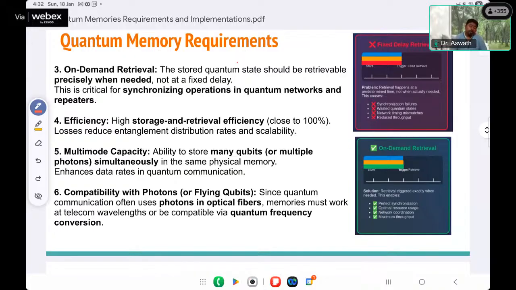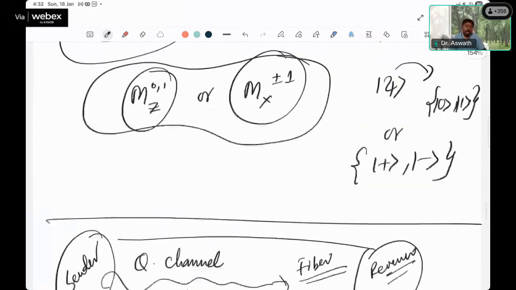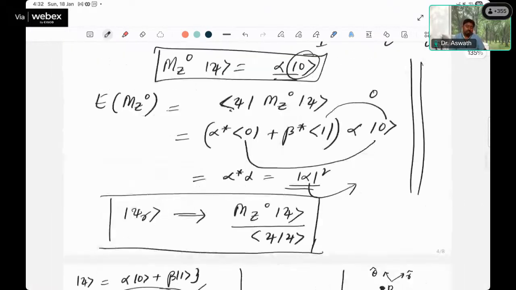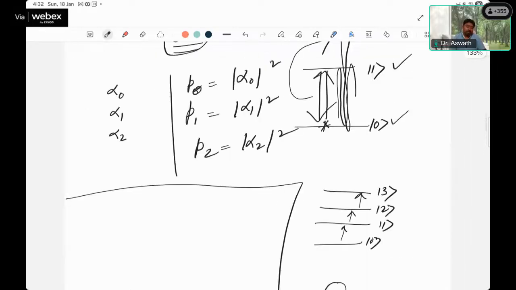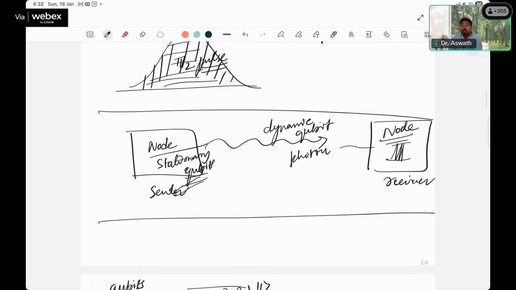So that is also one of the main requirements in the case of quantum memory. Then compatibility with photons. Like I said earlier, stationary qubits are, let's say, atoms or electrons, and flying qubits are photons. Somewhere I mentioned in my notes. There should be compatibility between stationary qubits and flying qubits, so they can easily exchange information between them.